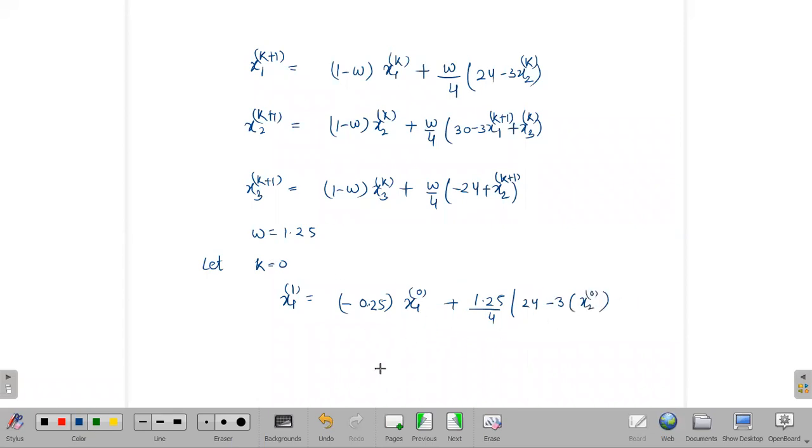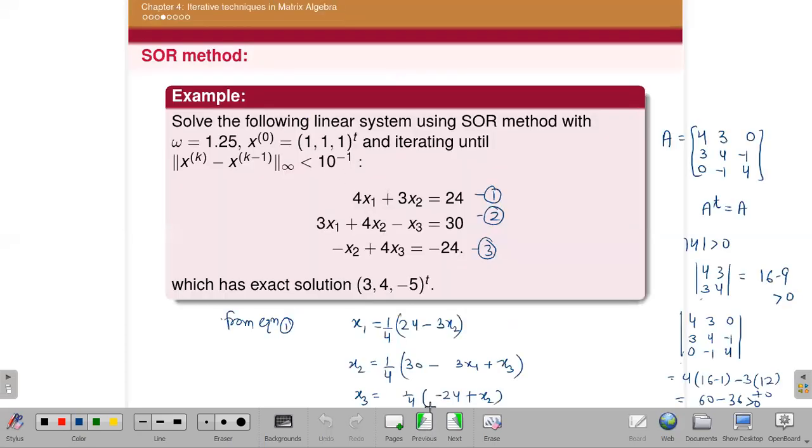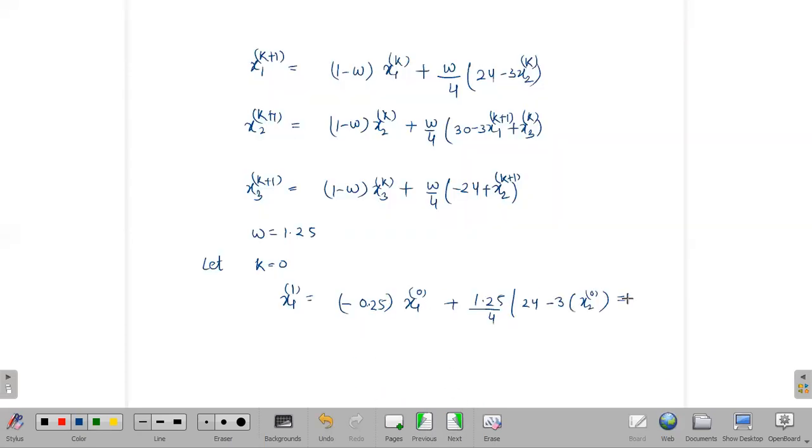So here you put all the values. x1 at 0 is 1, and x2 at 0 is 1 also. So you put minus 0.25 into 1 plus 1.25 by 4 into (24 minus 3). If I calculate this, it will be 6.3125.